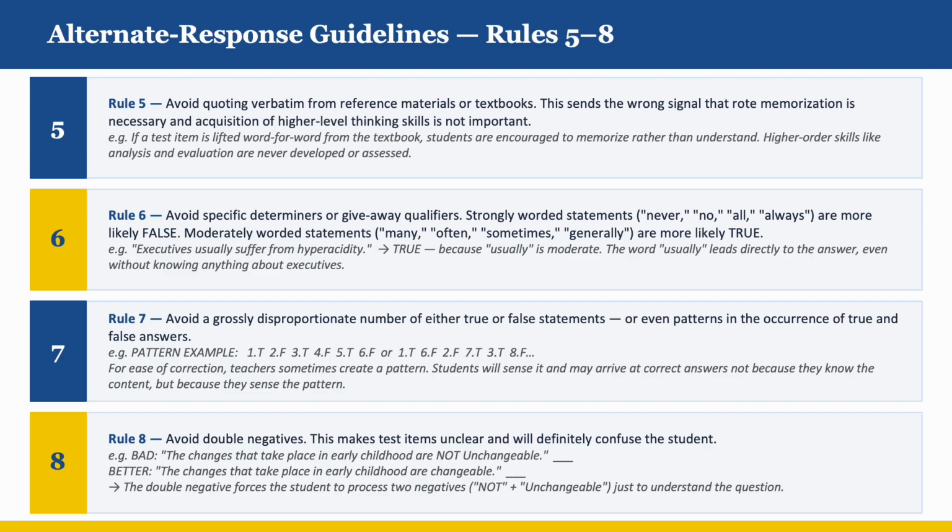So students have to stop, think, untangle the grammar, then answer the question. That's not a test of content. That's a test of grammar. So, rewrite it as: the changes that take place in early childhood are changeable. Simple, clear, and direct.